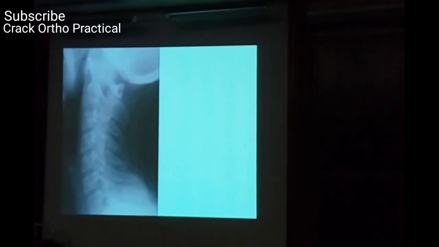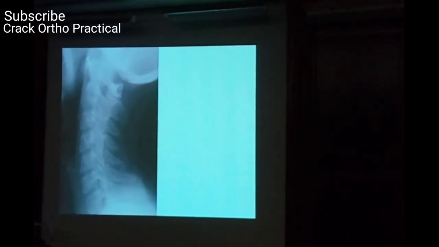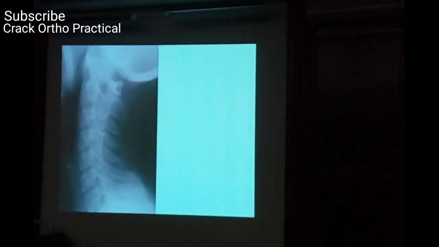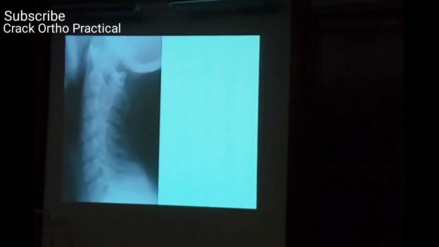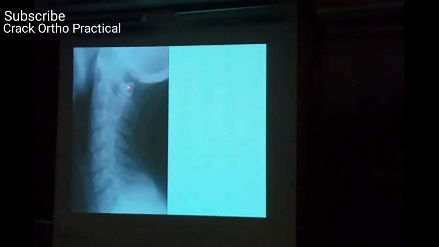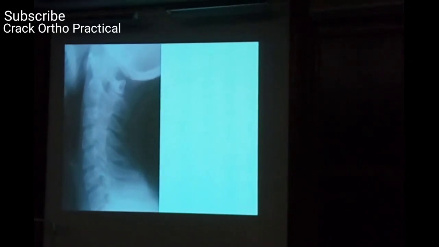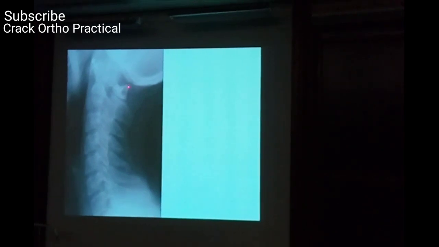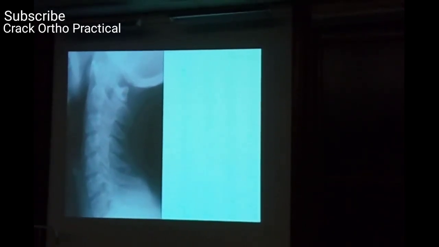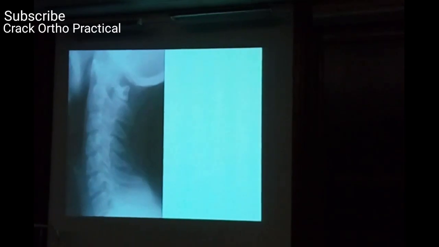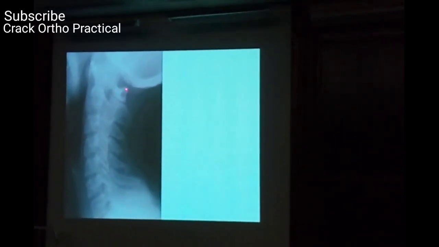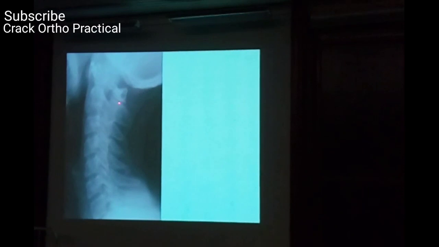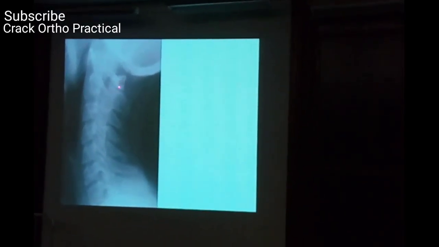So this is a plain X-ray of cervical spine in lateral view, showing something over here. C1. Can't see. So basically there is a lytic lesion in the spine of this C1. You can see there? Yes, sir.